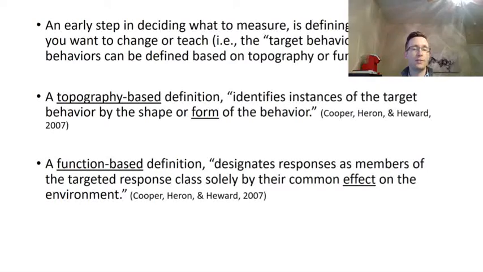A function-based definition designates responses as members of the targeted response class solely by their common effect on the environment, the change in the environment produced by those responses. So you have topography-based definitions and function-based definitions of behavior.